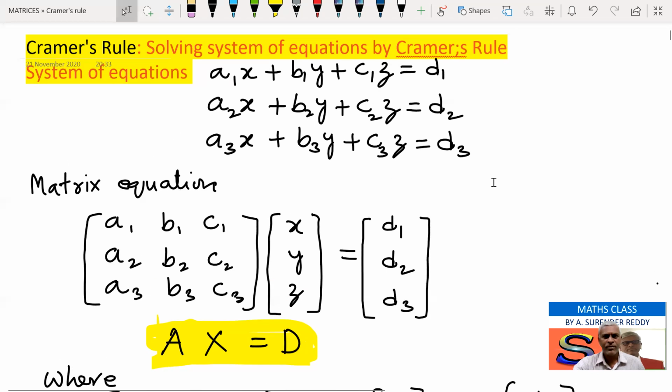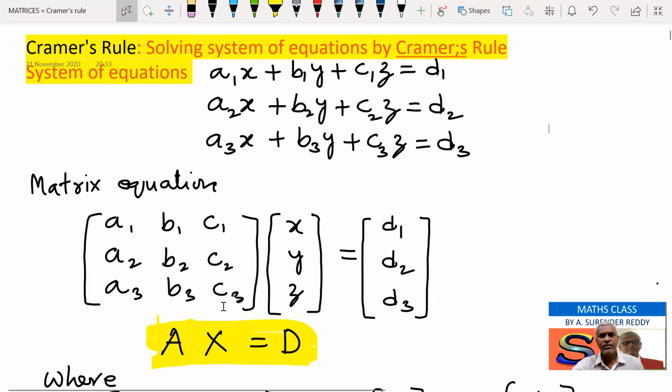The first step, convert the algebraic equations into matrix equation. Whereas the a1, b1, c1 are the coefficients of x, y, z in first equation. A2, B2, C2 are the coefficients of x, y, z in second equation.